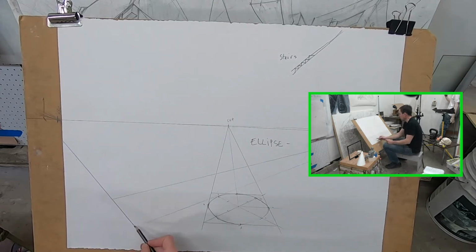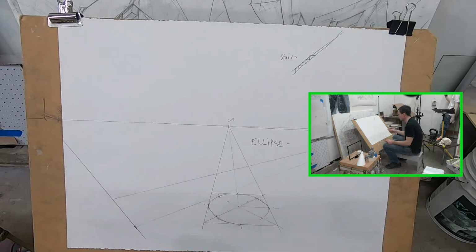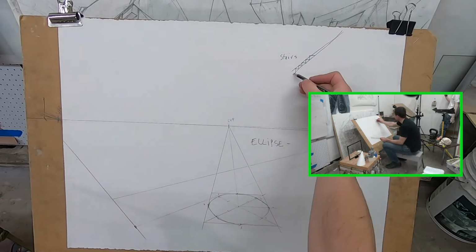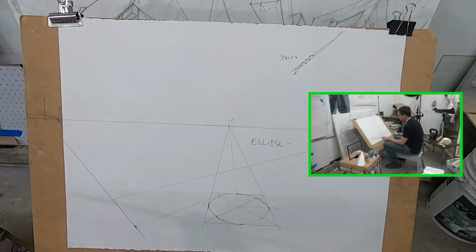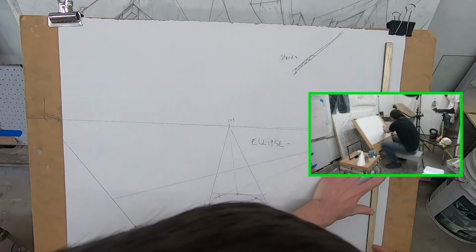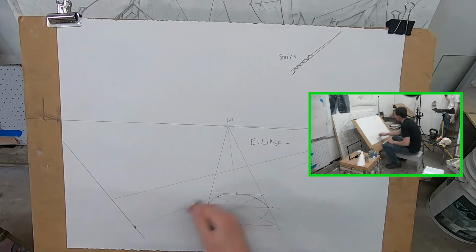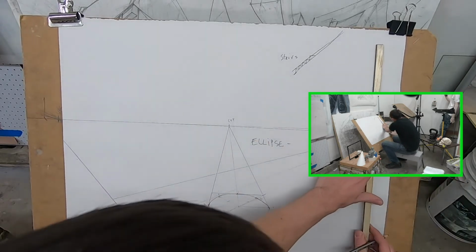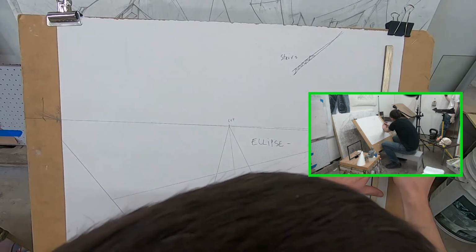All right, so we're going to start a staircase that's moving up to the right. So first we're going to find our first inside plane. So we'll take a vertical trace through our right vanishing point.